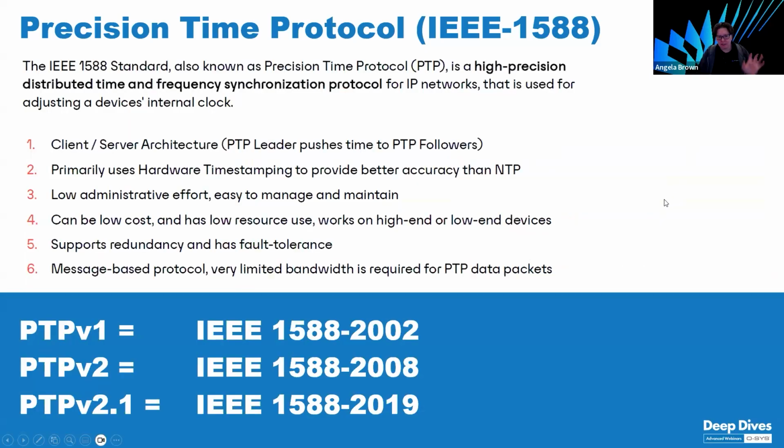So there are three different versions of PTP. For most of this class, we are going to be talking about PTP v2, but just to give you an idea: PTP v1 came out around 2002, PTP v2 in 2008, and PTP v2.1 in 2019. We can use PTP v2.1 and v2 pretty interchangeably because 2.1 is backwards compatible to 2.